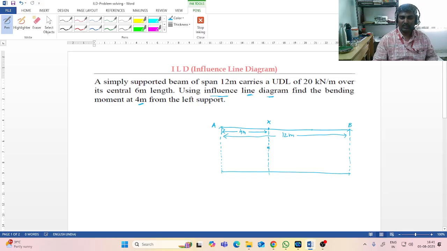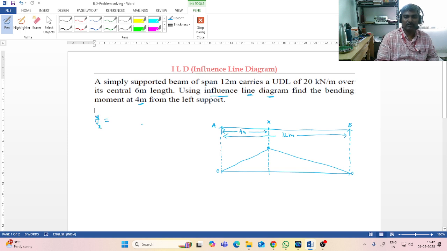So we have learnt in previous videos how you draw ILD for bending moment. So this is the way we draw ILD for bending moment.